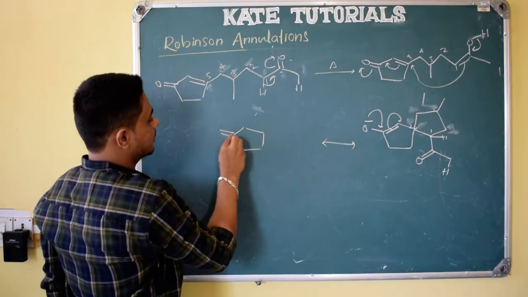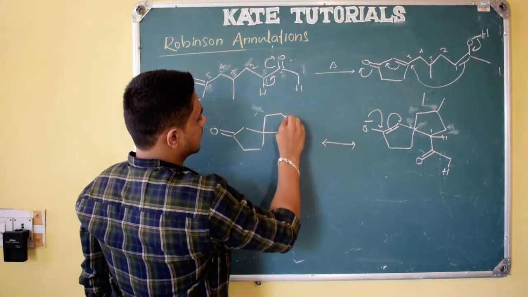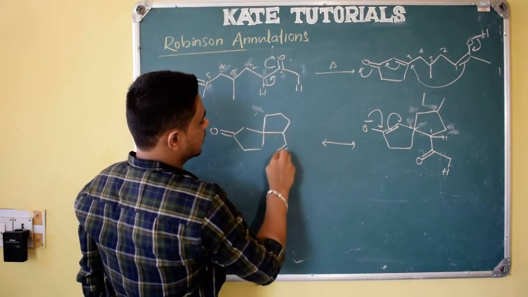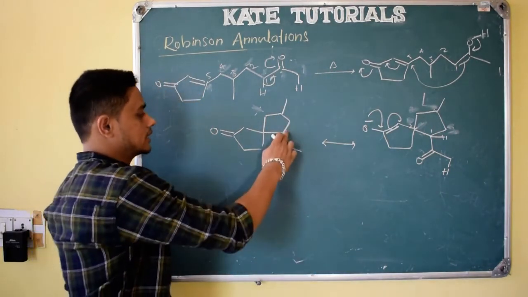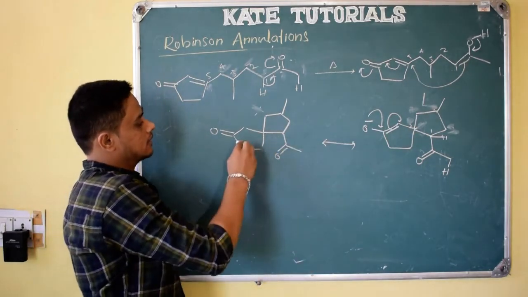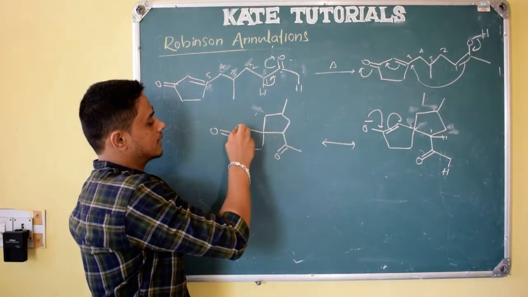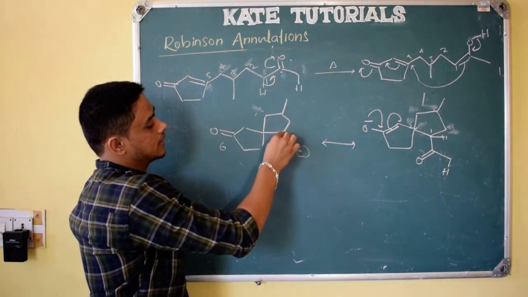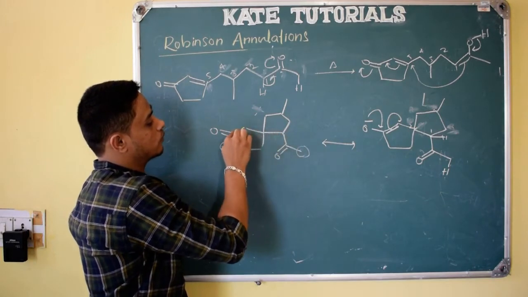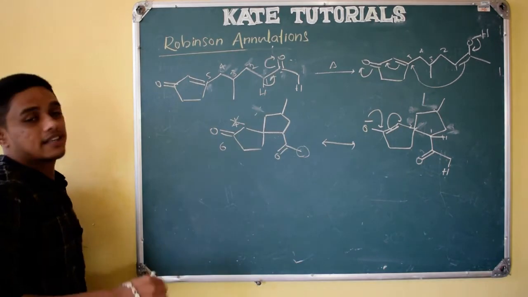So here it will become a simple CO, and this is a 5-membered ring, and here COCH3, and here one methyl. So this is also acidic, this is also acidic. Let us see the 6-membered ring, where it will form: 1, 2, 3, 4, 5, 6. These protons form a 6-membered ring. Whether these form 1, 2, 3, 4, a 4-membered ring: 4-membered rings are unstable because they are strained.